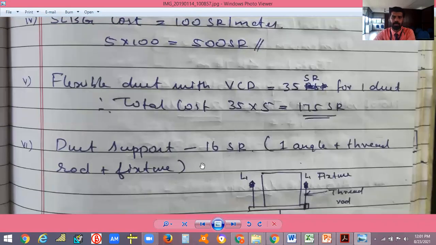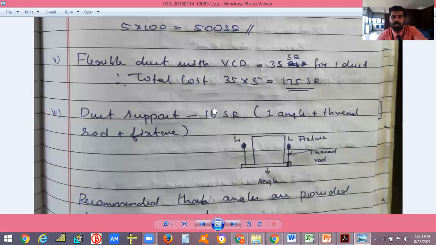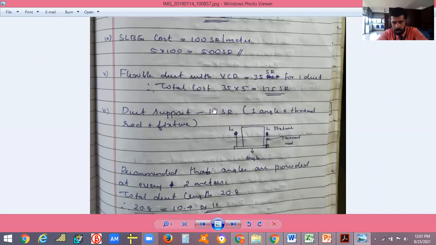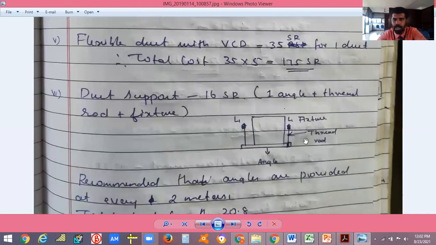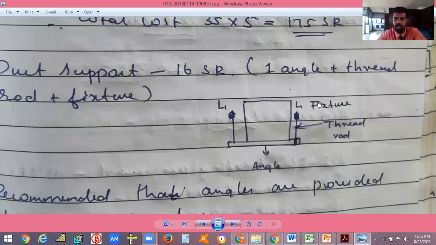Now duct support. The duct will be placed there and you have to support the duct. You have to hang the duct. Every 2 meters, it is recommended that you hang a hanger. Duct support is needed after every 2 meters. It is given as 16 Saudi Riyal for one duct support. This duct support consists of a fisher, a threaded rod, and an angle, like this.